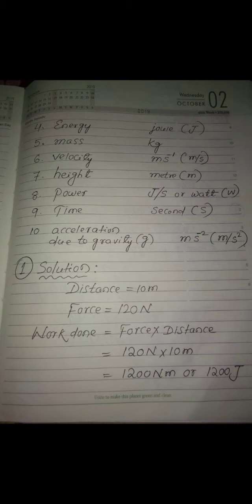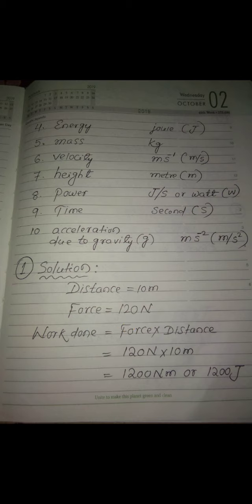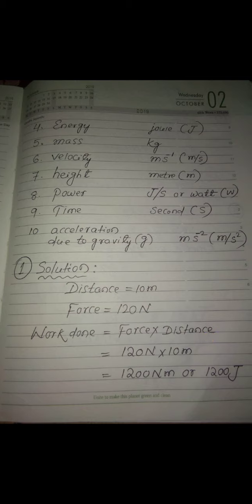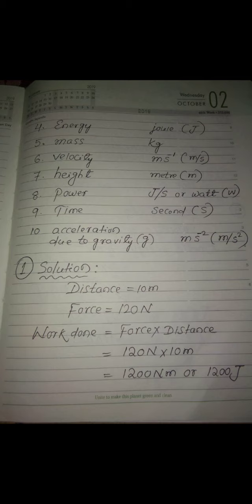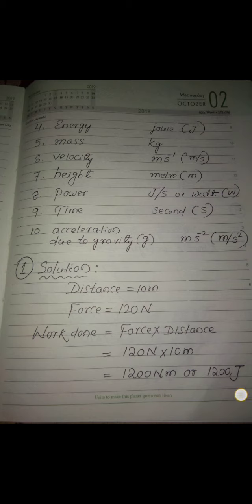According to this question, distance is given 10 meter, force equal to 120 Newton. Work done equals force into displacement. Force is 120 Newton, displacement is 10 meter. 120 Newton into 10 meter, that is 1200 Newton meter or 1200 joule.